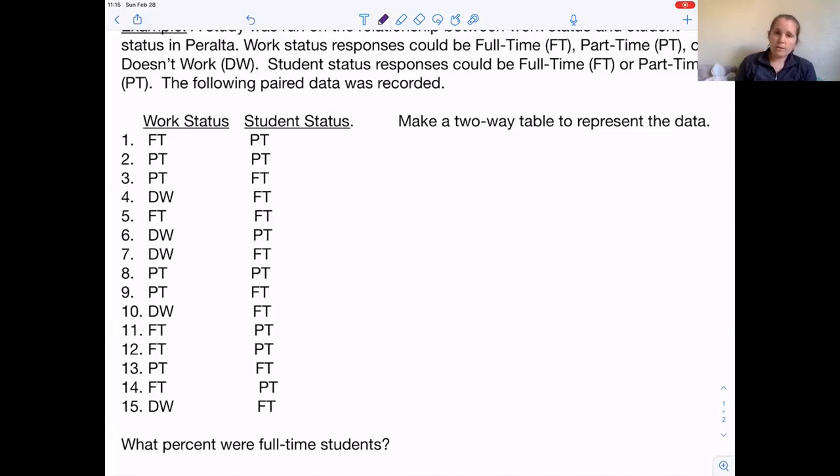So on one side, we will do work status. Across the top, I will do student status.